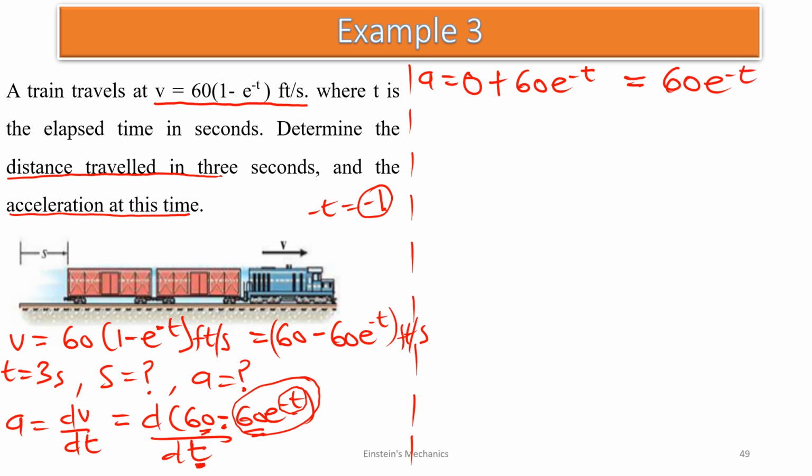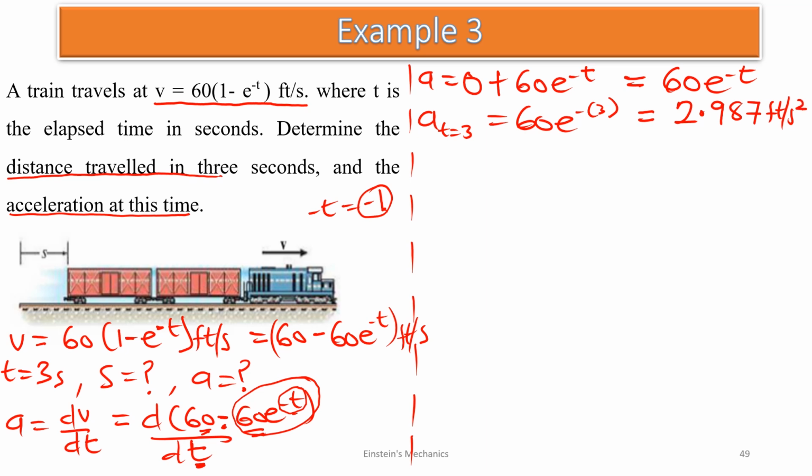We want to find the acceleration at time equal to 3, so this is 60 e^(-3). If we punch this on our calculator, we get the acceleration to be 2.987 feet per second squared.